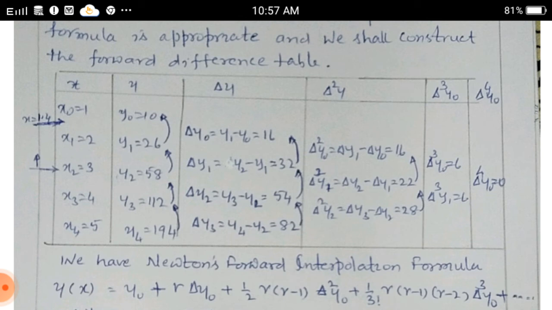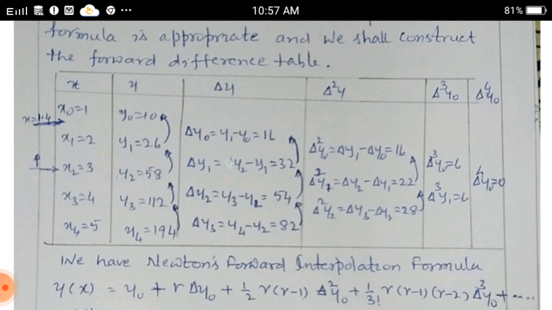The differences of the functional values are called the finite differences. Values of x and values of y are given. So just write down the differences.